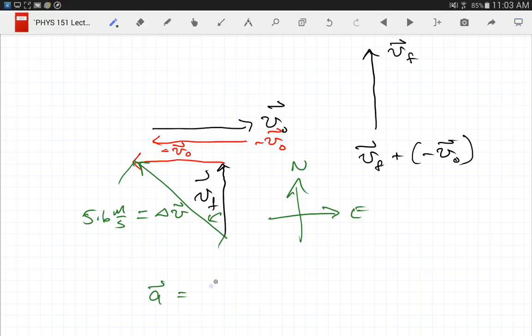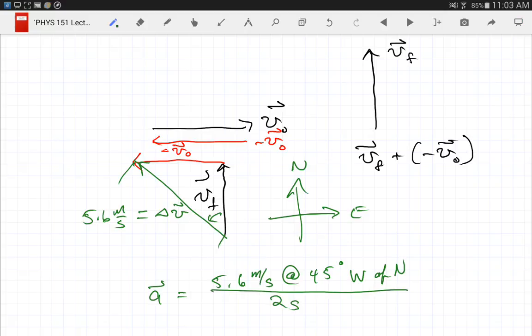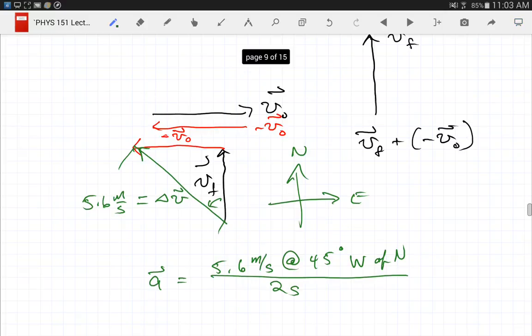And so I'm going to get my acceleration is equal to 5.6 meters per second at 45 degrees, going what direction from what reference point? That's correct, going west of north. I'm not done yet. Divided by 2 seconds. Right?